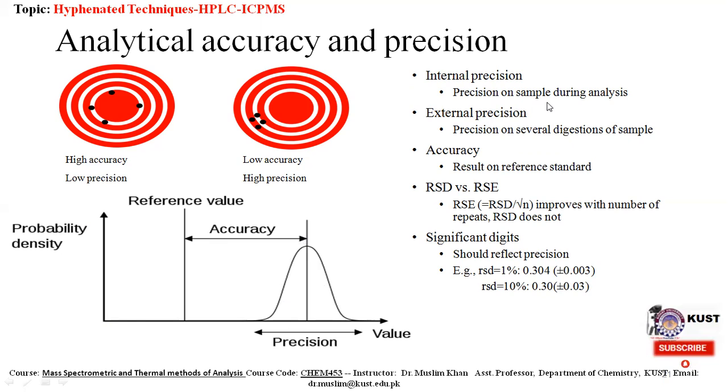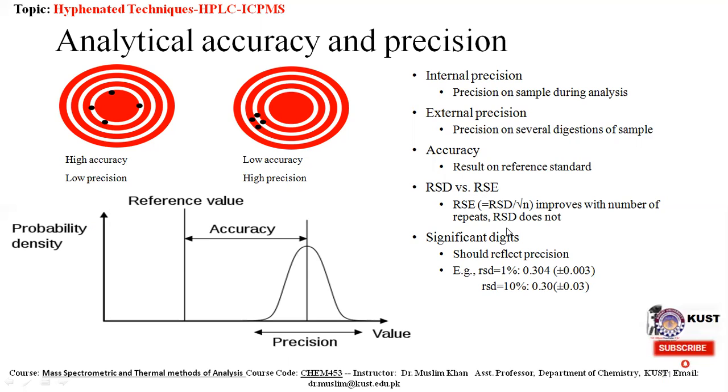Internal precision is on a sample during analysis, external precision is on several digestions of the sample. Accuracy is the result of a reference standard compared with your value. The RSD versus RSE improves with the number of repeats.